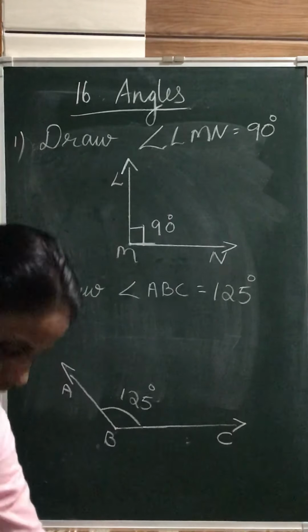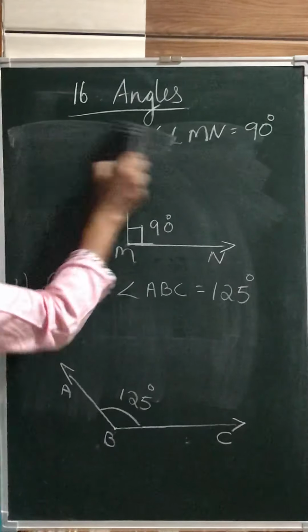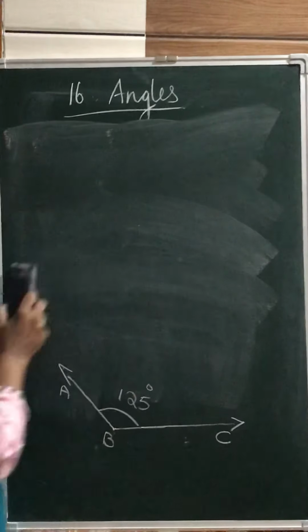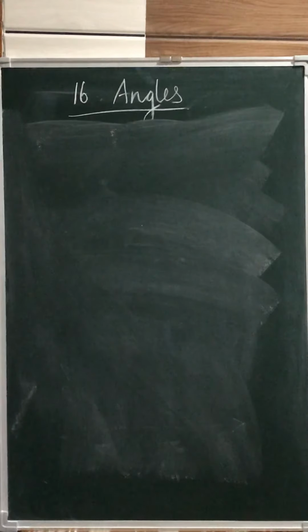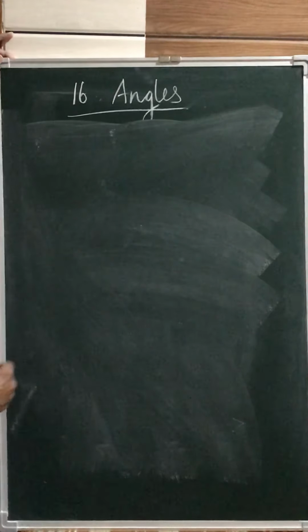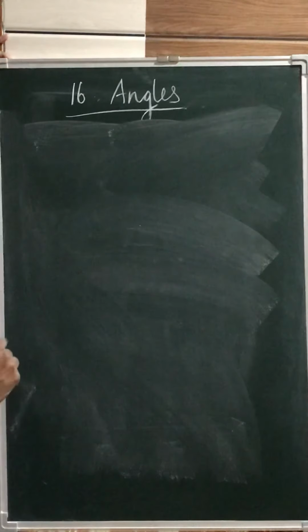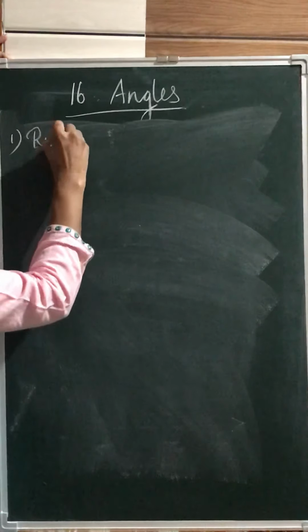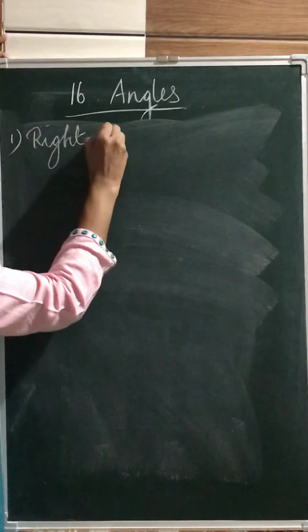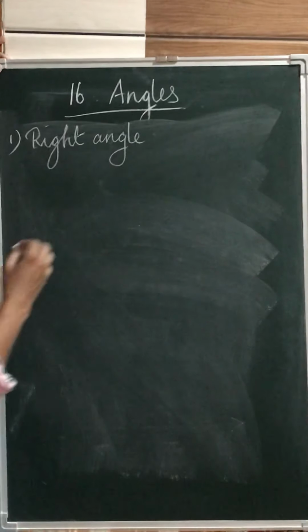Okay, now there are four types of angle according to the measure. We can classify the angles in 4 types according to their measure. First one is right angle.